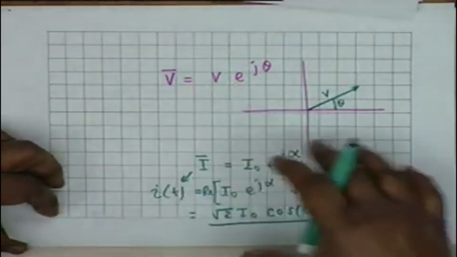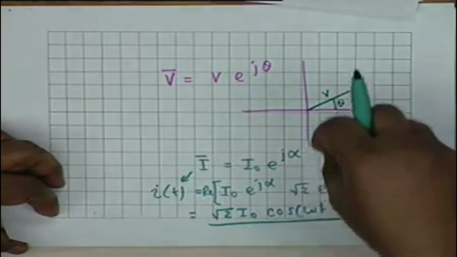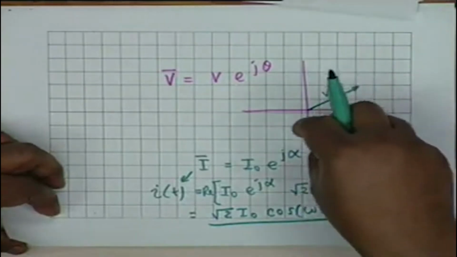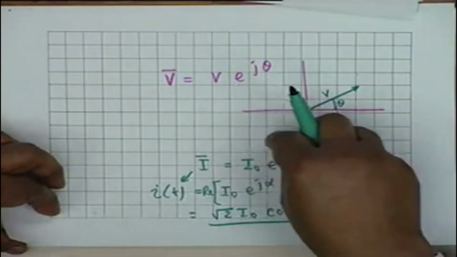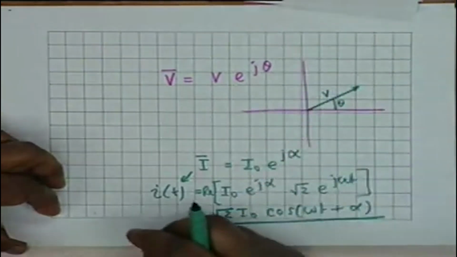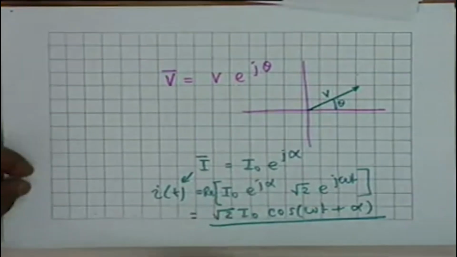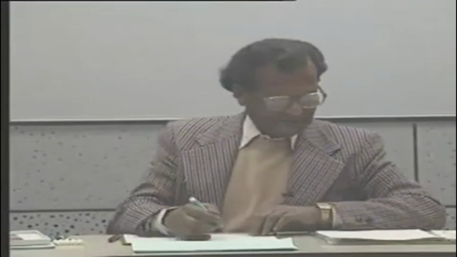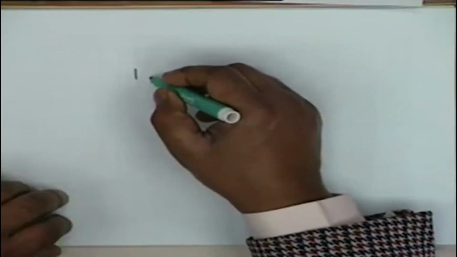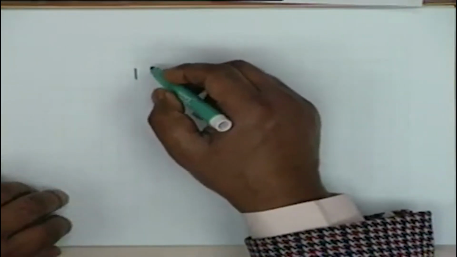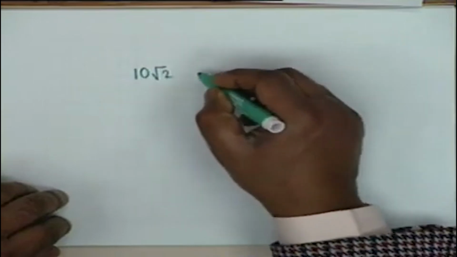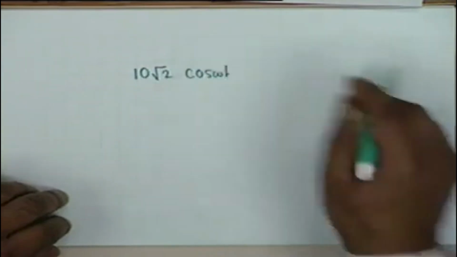In between, we go through a transformation from the time domain into this complex domain of numbers, and this greatly simplifies calculations. To take a couple of examples, consider the actual voltage or current 10 root 2 cosine omega t.